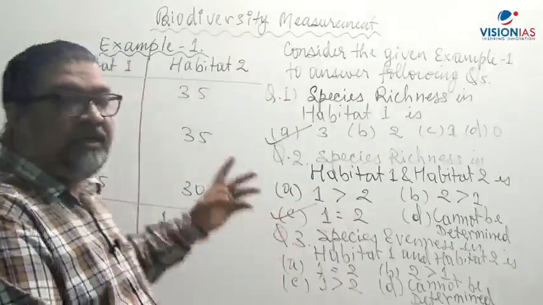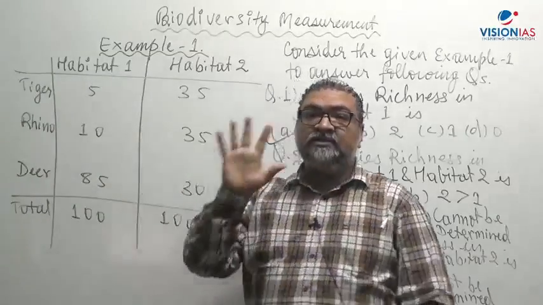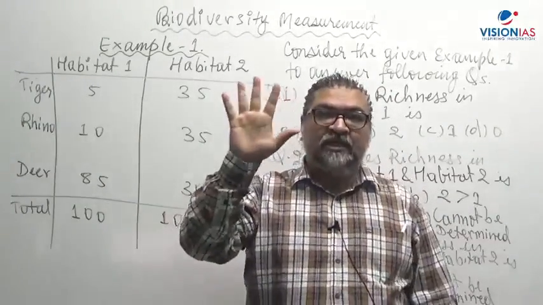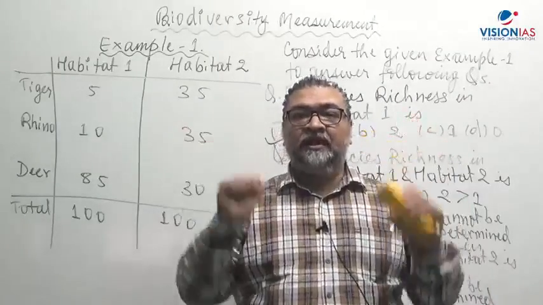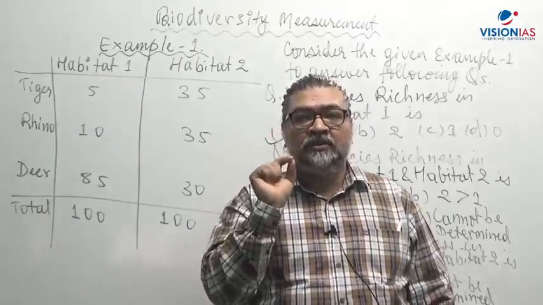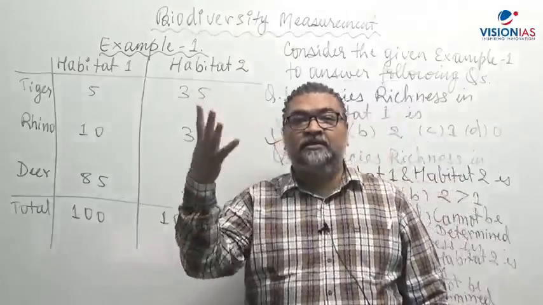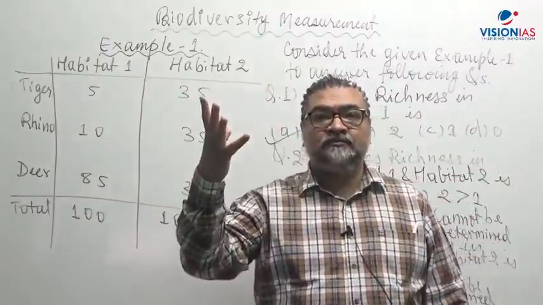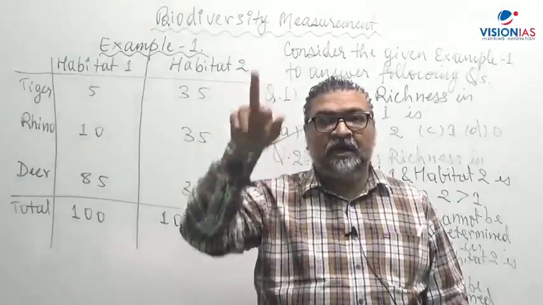So if you see habitat 1, what do we find? Tiger is only 5 in number. Then rhinoceros is 10. So tiger is very, very few. But we find that deer is very abundant, 85 deer. So the representation is unequal.